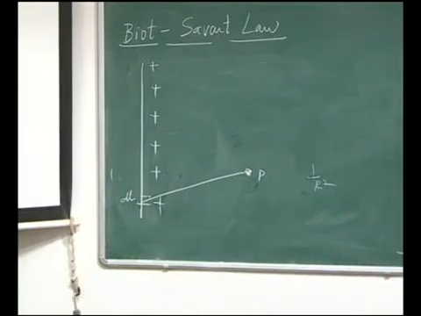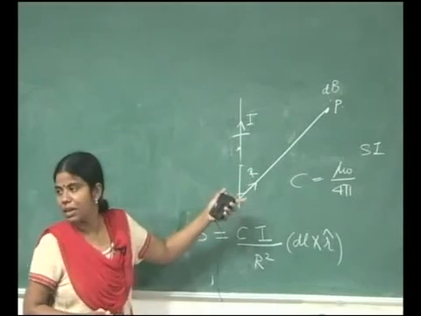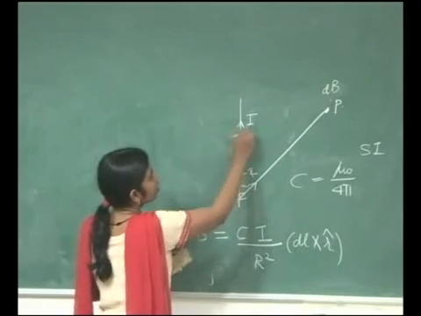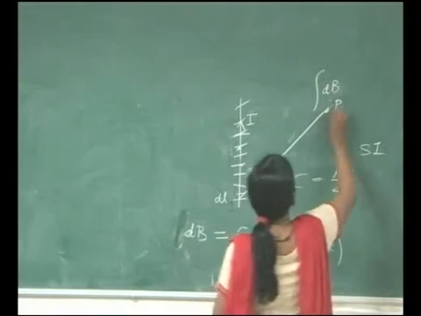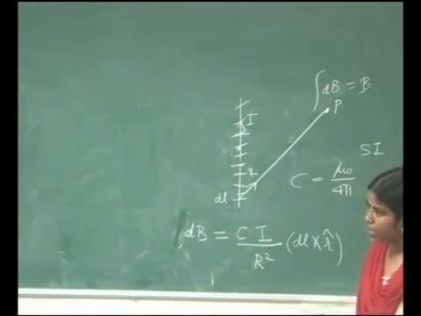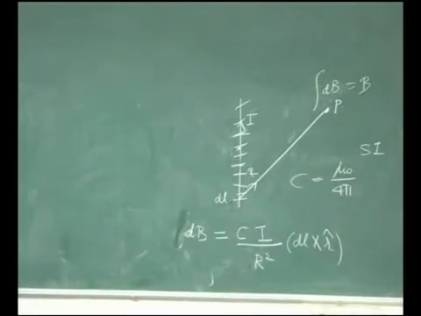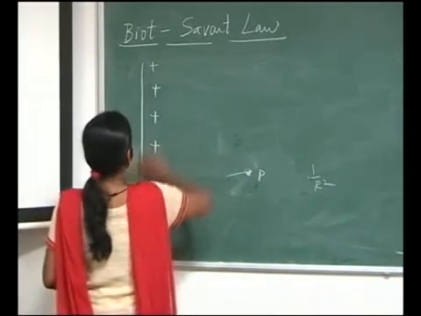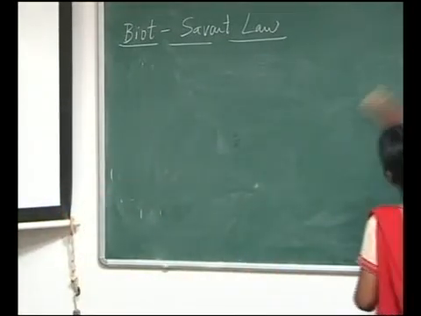So, virtually, these small length elements act as magnetic charge, and when I have n number of length elements, they all give me the integral of dB, which is equal to B at P. This is the Biot-Savart law.